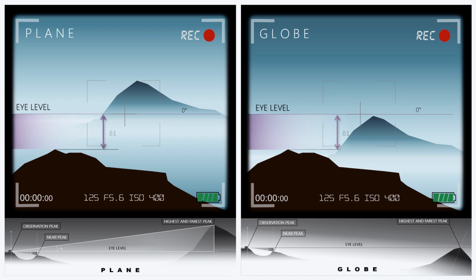Both delta 1 are equal, and what changes is what we see in the background. On the flat Earth, we have delta 2 to the top of the far mountain. But on globe Earth, there is no positive delta 2 because the distant mountain fell due to curvature.